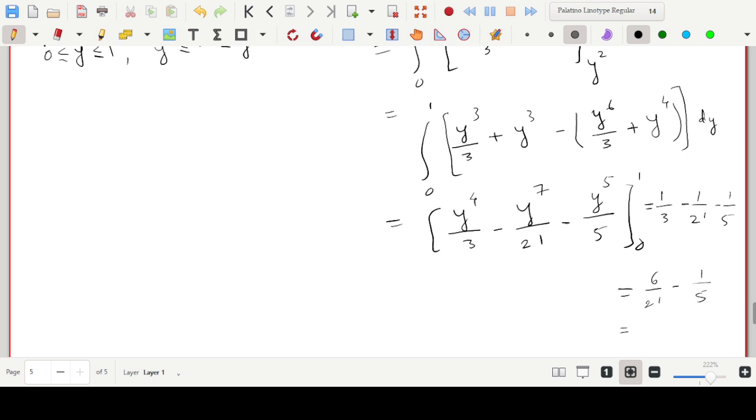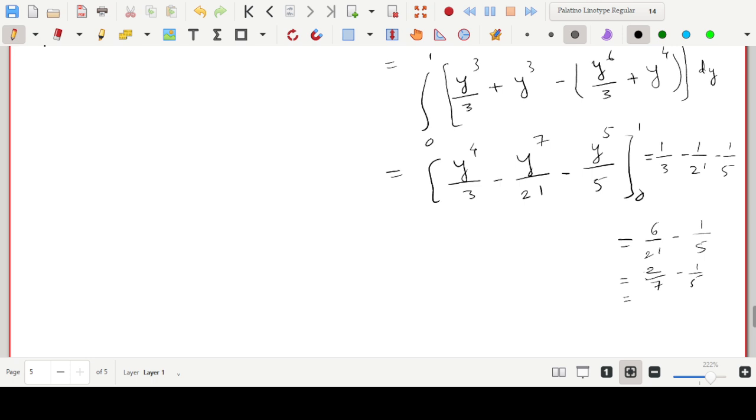This can be divided by 3 further, 2 over 7 minus 1 over 5, and that can be written as 3 over 35.